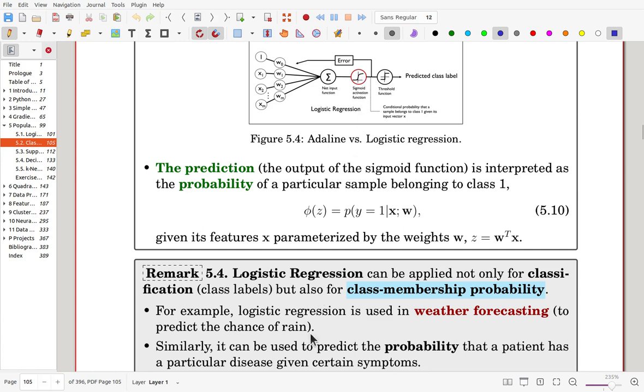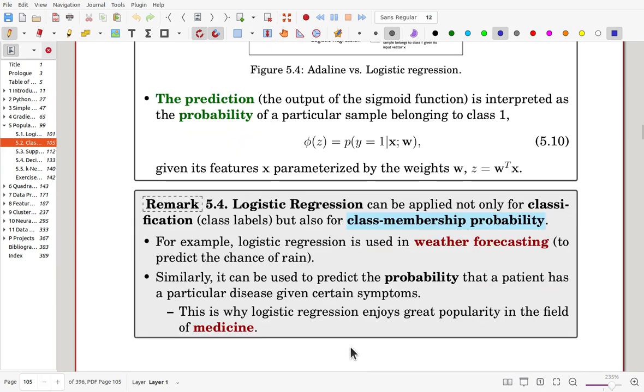For example, logistic regression is used in weather forecasting to predict the probability of rain. Similarly, it can be used to predict the probability that a patient has a particular disease given certain symptoms. That's the reason logistic regression is quite popular in the field of medicine.